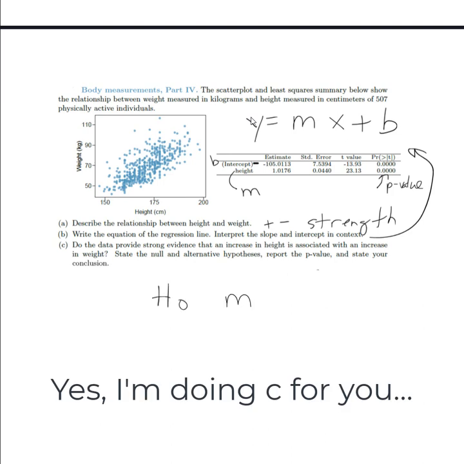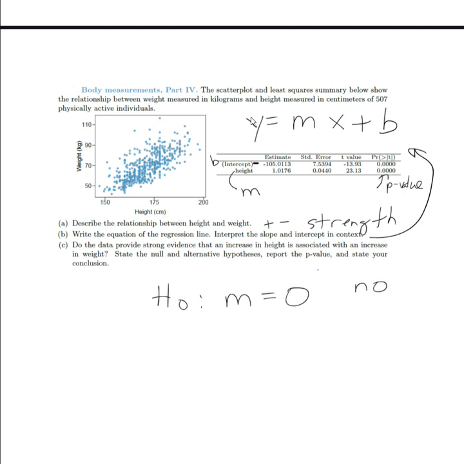The slope, or m, for the null hypothesis is always equal to 0, meaning there's no correlation. And the alternative is the slope should either be greater than or less than 0. We don't have a not equals to in this case. The slope is either going up or it's going down. And so this would be that there is a positive or negative correlation.